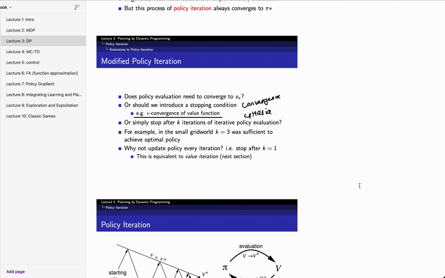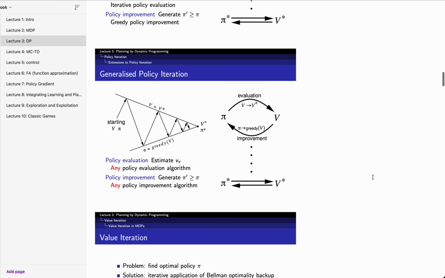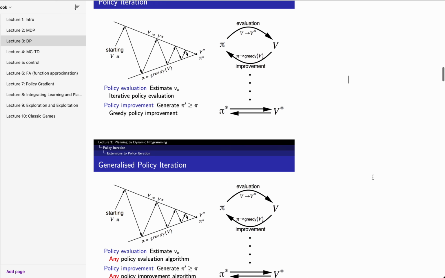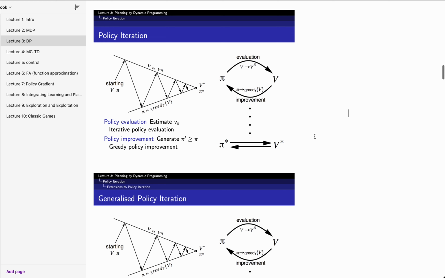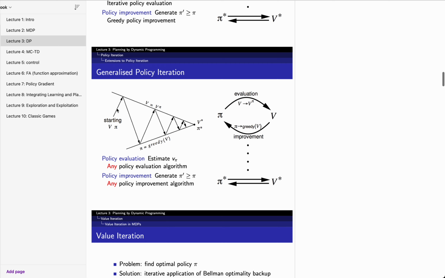So it will stop after, let's say, k equals 3 iterations, because that is sufficient to achieve optimal value functions and optimal policies. That's called epsilon convergence. So with the explanation so far, he defined generalized policy iteration. Basically, you're just repeatedly doing these evaluation and improvement cycles that will guarantee you converge to the optimum.